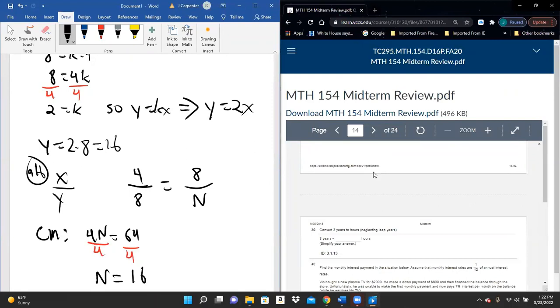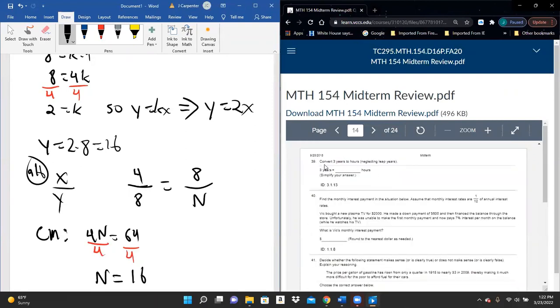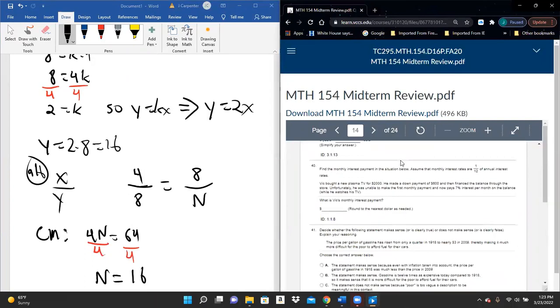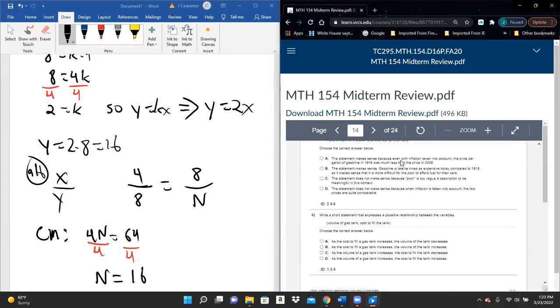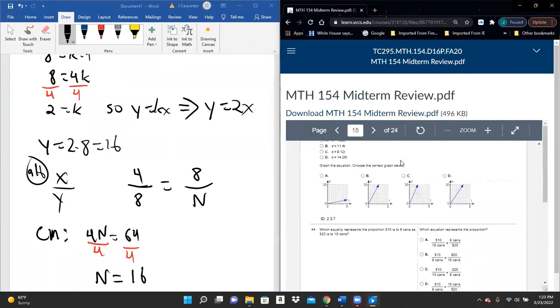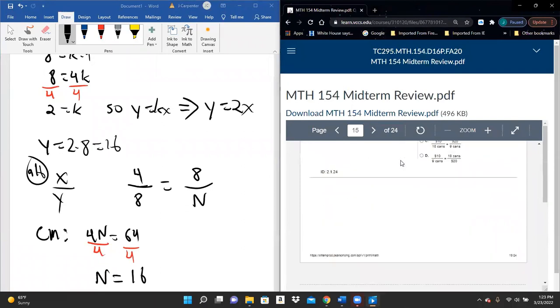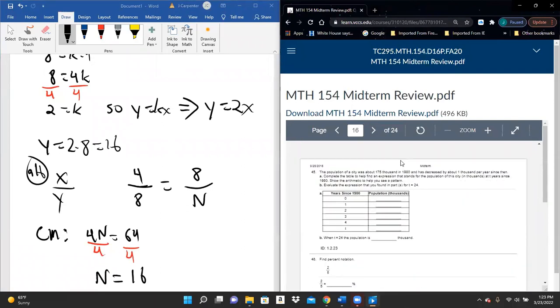That's another proportion. 39 is another time one, but this is on a much longer scale. You'll have to do several conversions. I don't want just a multiple choice one. And I'm trying not to do just a basic proportion one.